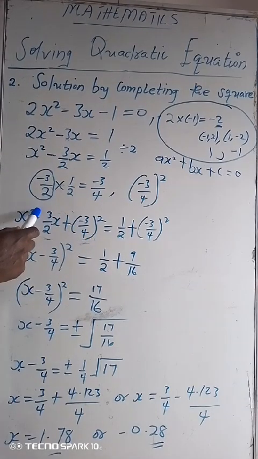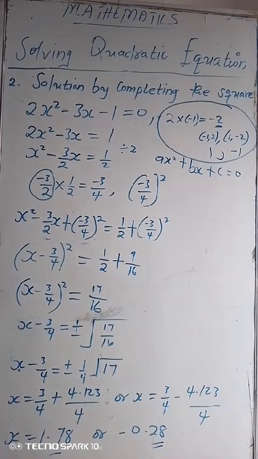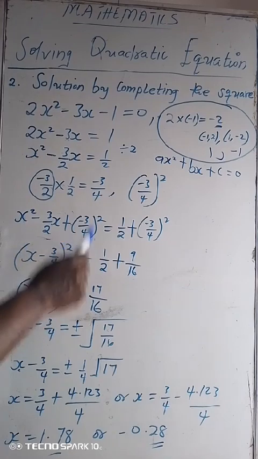So look at this. Here we have power 2, this side too we have power 2. So we can bring them together, and when we do, we are having x minus 3 out of 4 all squared.